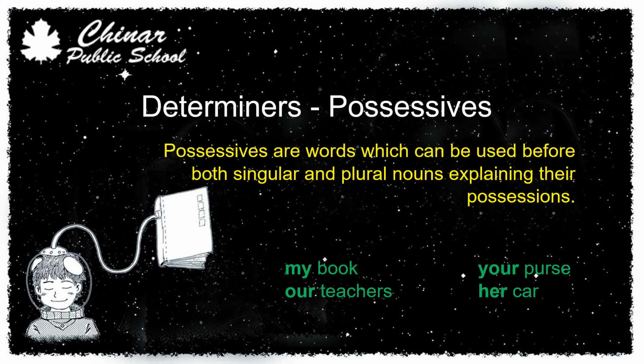Now, continuing with our topic, determiners, the next kind of determiners is possessives. You must be remembering we have used this word in our previous class 7 also many times. Possessives are words which can be used before both singular and plural nouns when they are explaining their possessions. Possessions means belongings. Something which belongs to someone.